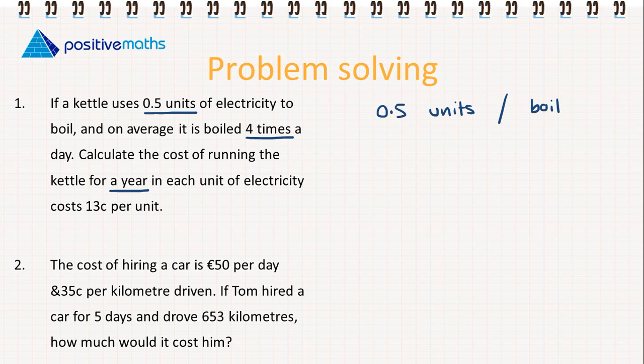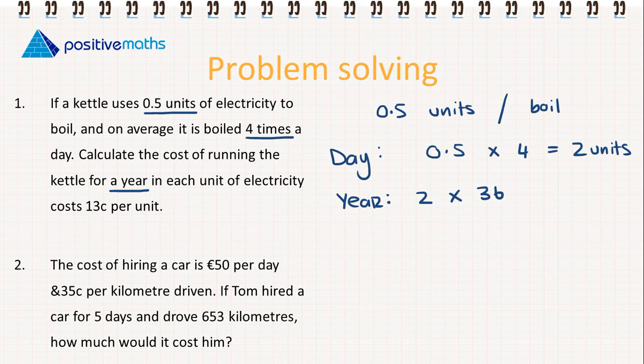So 1 boil is equal to 0.5 units. Okay, so first of all we're going to figure out how many units per day. So it's 0.5 multiplied by 4, which is going to give us 2 units. So now we have to figure out how many units per year. So there's 365 days in a year. So that's 2 units by 365 days. That takes 730 units.